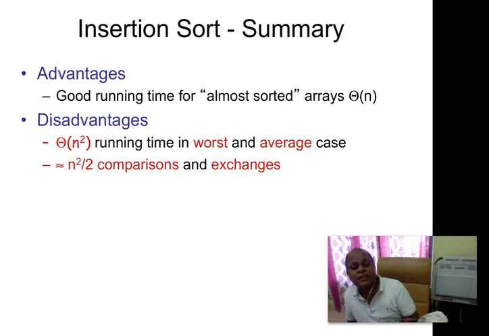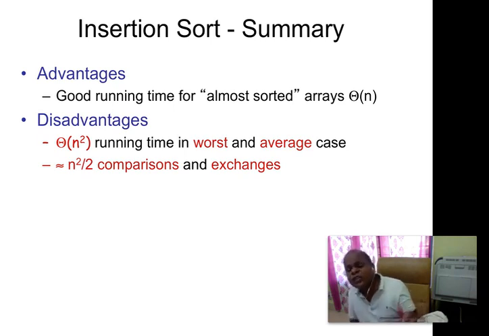Hence, what is the advantage? It has a good running time for an almost sorted array. If the array is almost sorted, its time complexity is theta of n. The disadvantage is that in the worst case or the average case, the time complexity is theta of n square. In the best case it is theta of n.